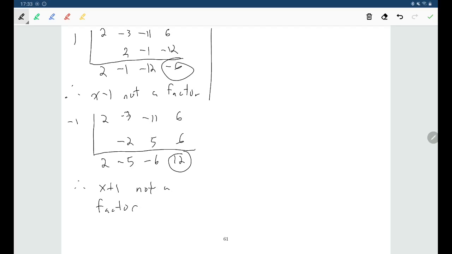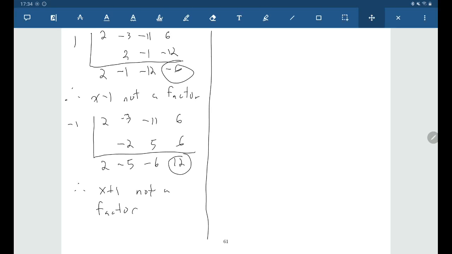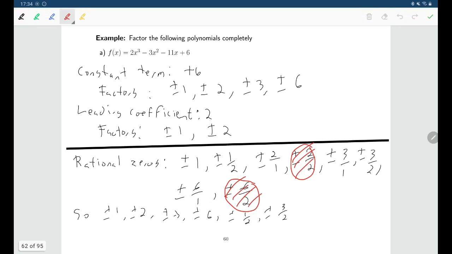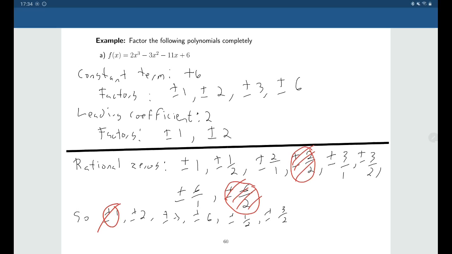So we've already crossed two things off of our list. If we're going back to our list of factors, the possible factors were positive or negative 1, and we've now eliminated those, so that's gone. So I guess the next one up is to check positive or negative 2. So now let's do that next.